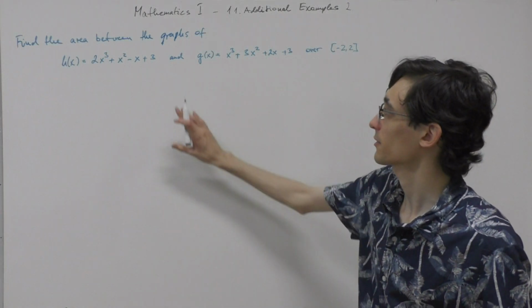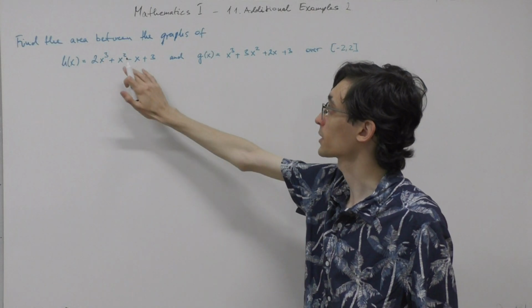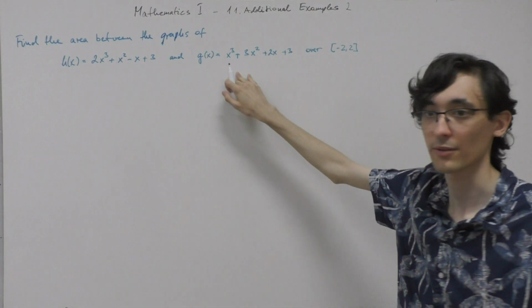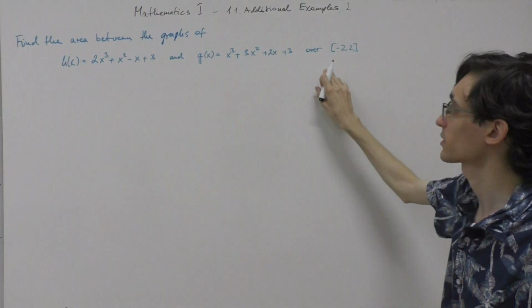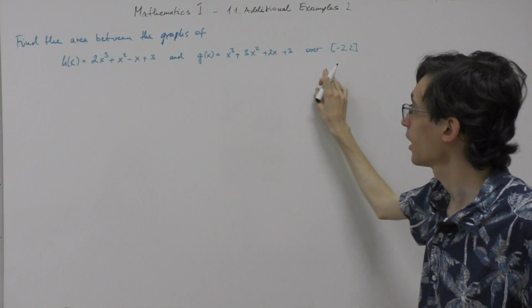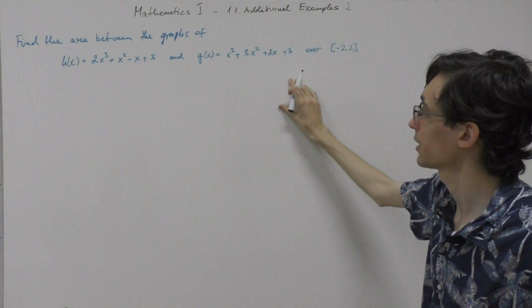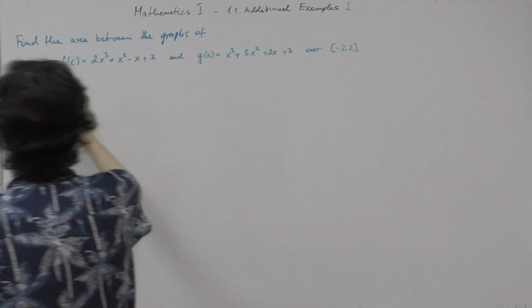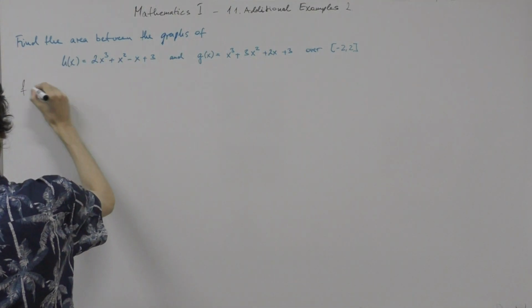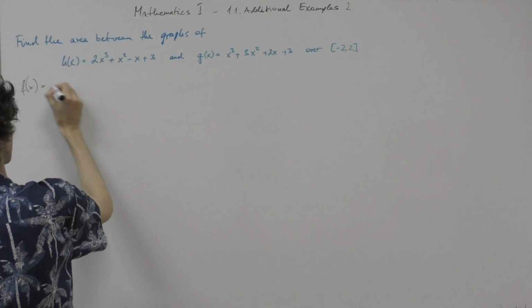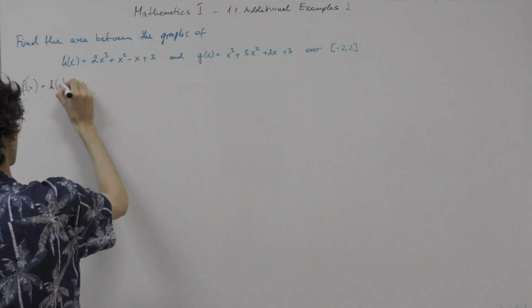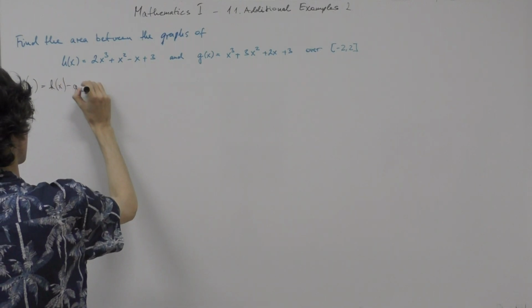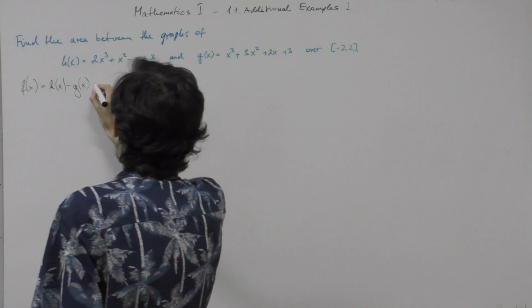So, in this next exercise, we must find the area between the graphs of this and this function over this interval. What we have to do first is take the difference of these two functions. Let's call that f. So we will have f of x, that is h of x minus g of x.